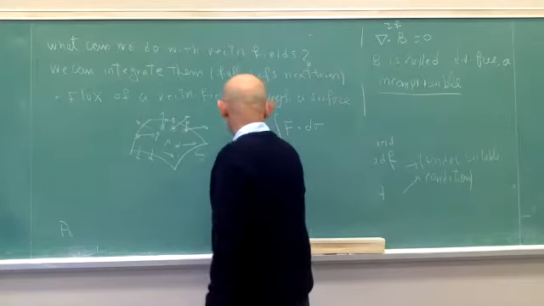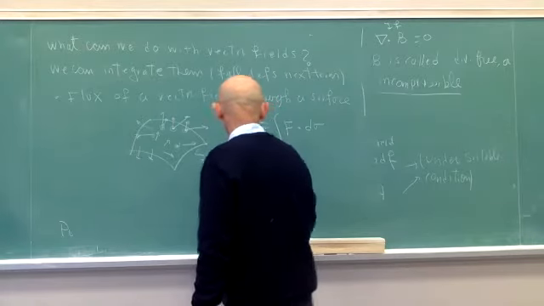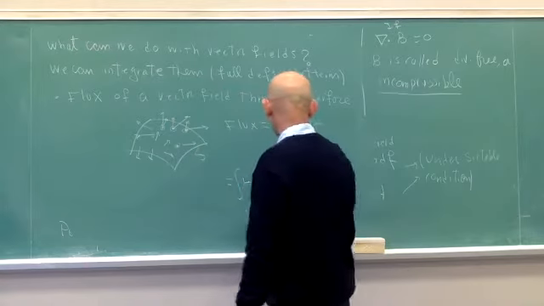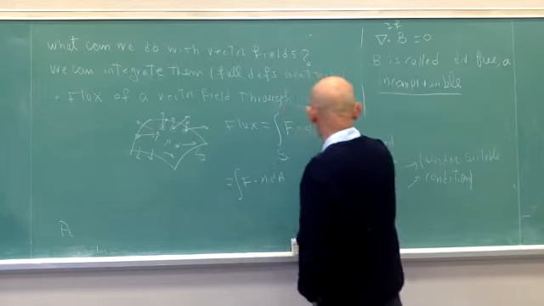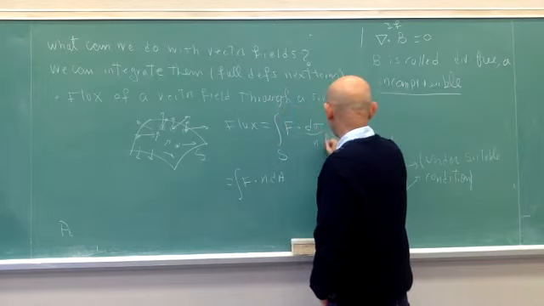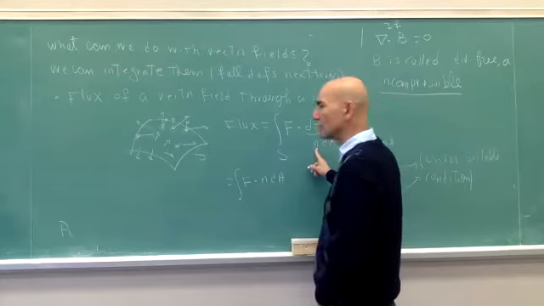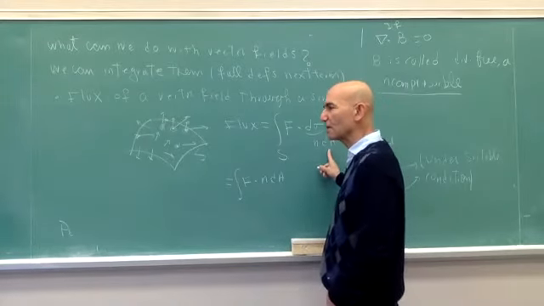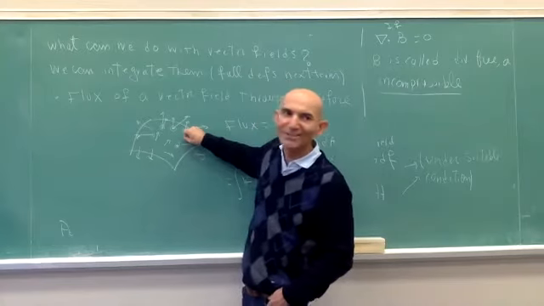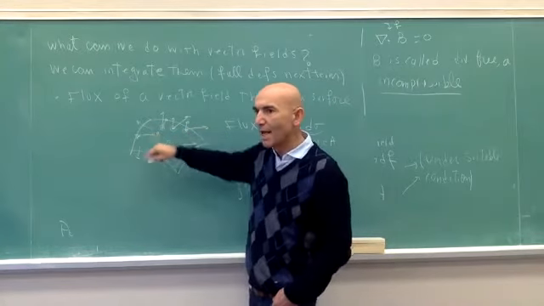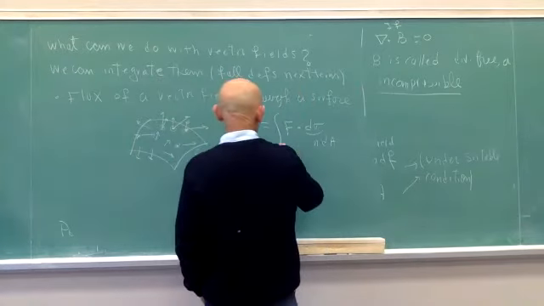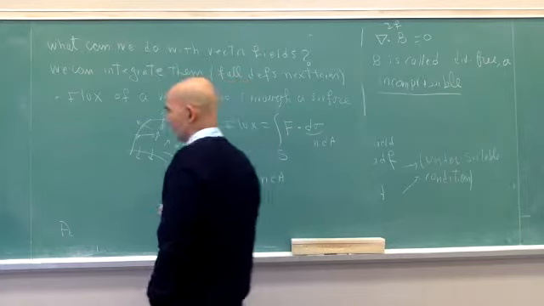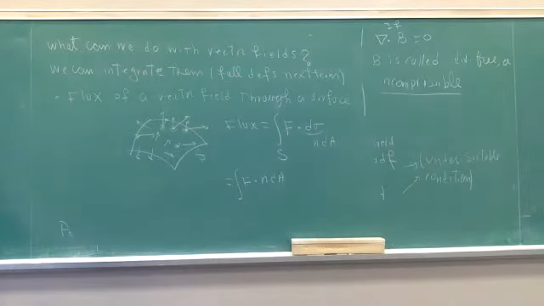So this is the integral of F dot n dA. So d sigma is n times dA. N is the unit normal vector, dA is proportional to the area concentrated at that point. And you just add it up. That's it. That's what we call the flux of the vector field.